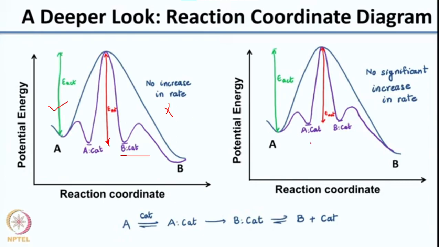Now in the second case, you can see A is getting converted to B via the A catalyst complex and the B catalyst complex. In the presence of the catalyst, the activation energy remains unaffected, with very slight changes.